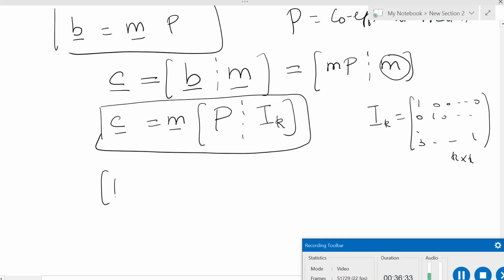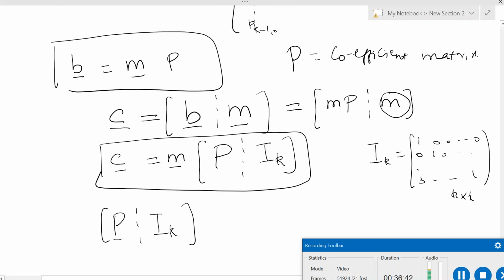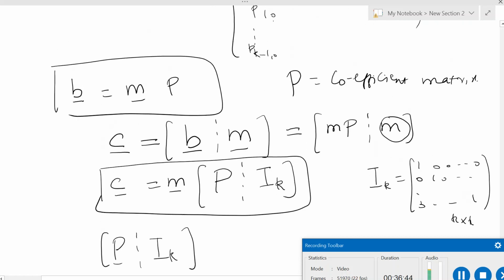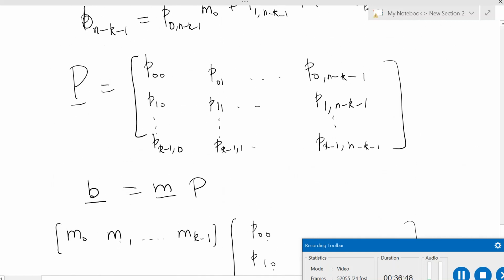Now this matrix P concatenated with IK, what is the dimension of this? See, if you look at this P matrix here, P matrix is K by N minus K, right?